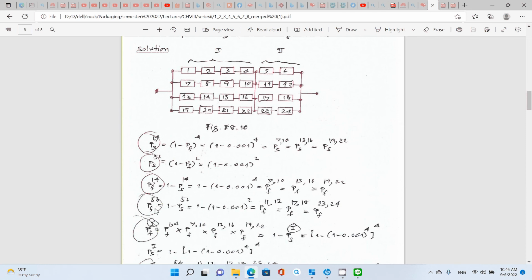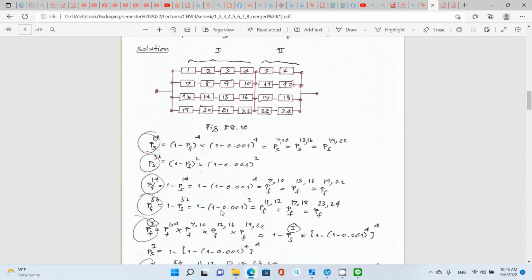Sorry, for PF of 5 and 6, I think I did this one wrong. PF of 5 and 6 equals 1 minus PS of 5 and 6.